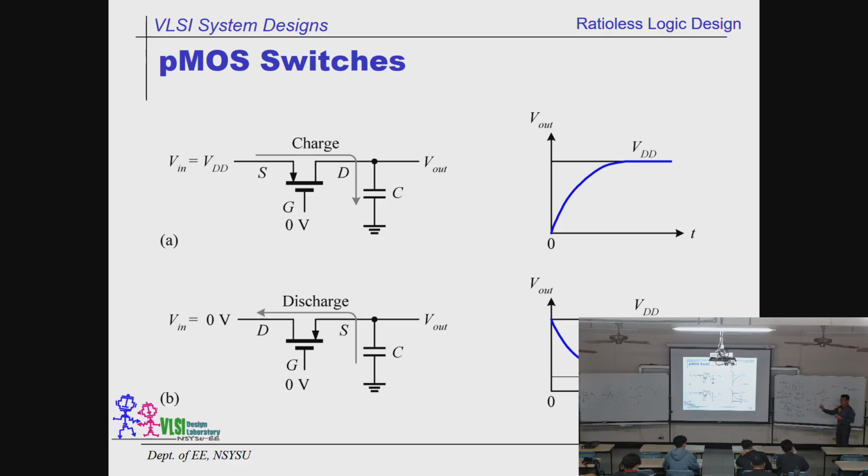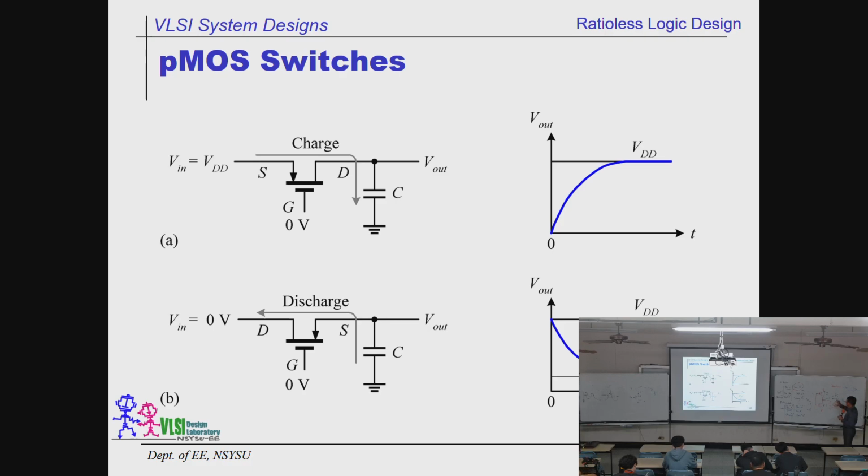Let's assume the length is the same and the width is double that of before, so that we have 2-to-1. If we increase the width of the P device, then we are going to have about the same current from the power supply to the ground.